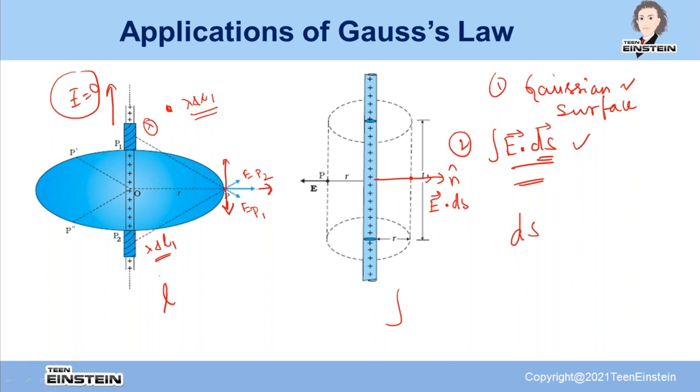That is very nice. Now see, we have to see whether this electric field is varying or constant. See, at this particular point, if you take a point P prime, this is also r distance away. Since the electric field is radial, it will depend only on the radial distance.